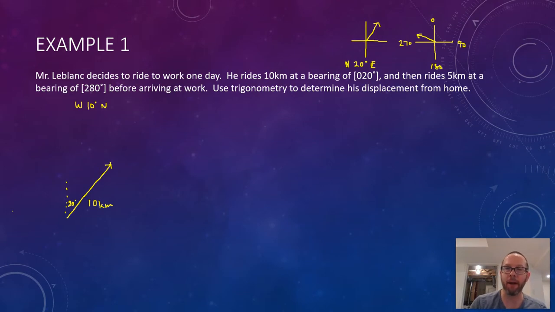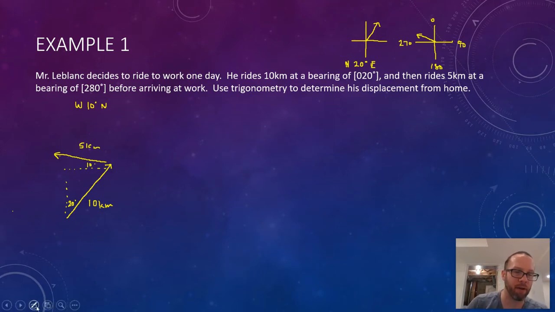And then he rides 5 kilometers at a bearing of 280. So 5 kilometers going this way. Now this diagram is not to scale. So that's 5 kilometers, and I'll put a little dash here, and it's 10 degrees above that horizontal.